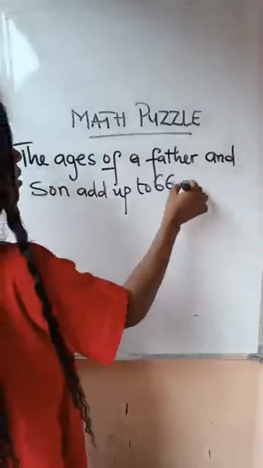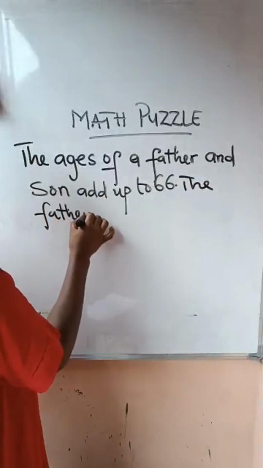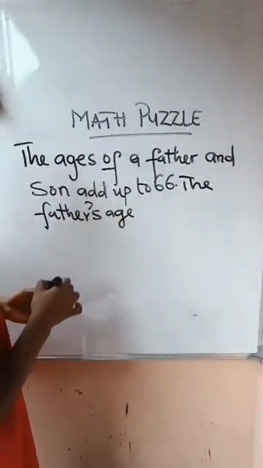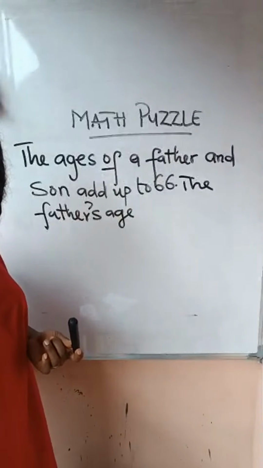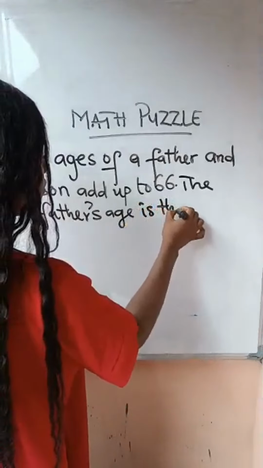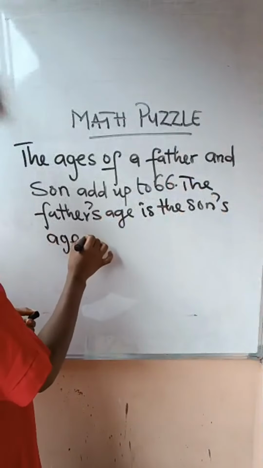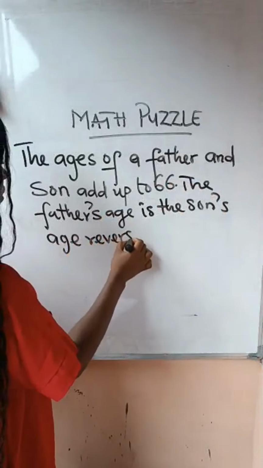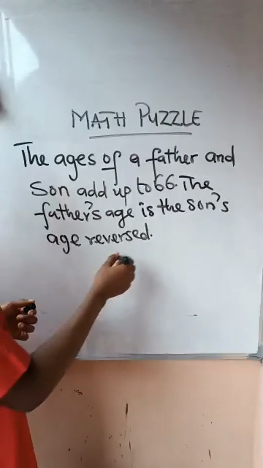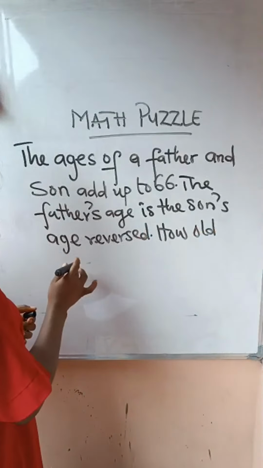The father's age is the son's age reversed. Now the question is saying, how old could they be?